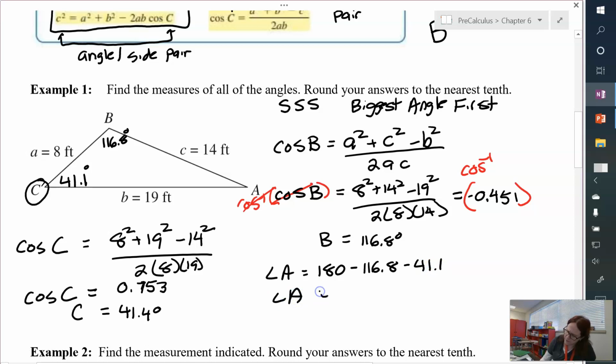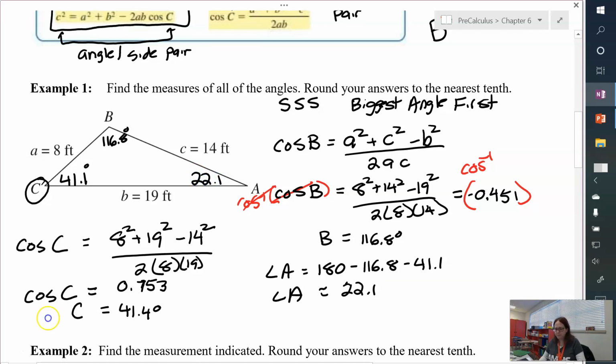So I get 180 minus 116.8 minus 41.1. Angle A is 22.1. Easy peasy, just plug and chug.